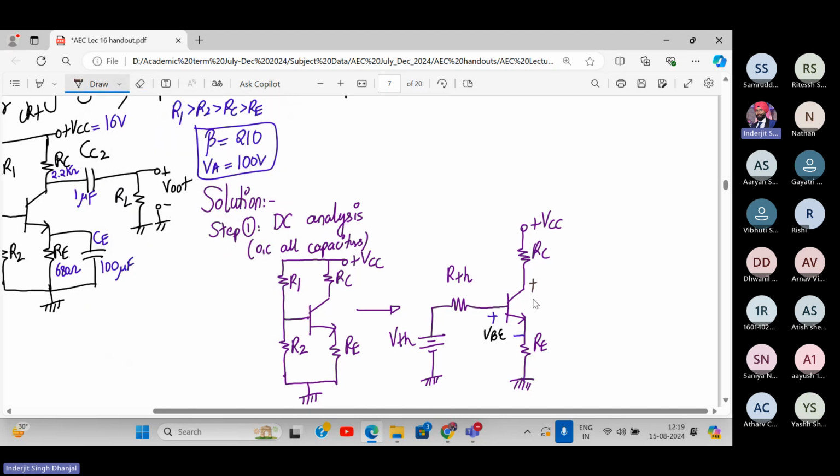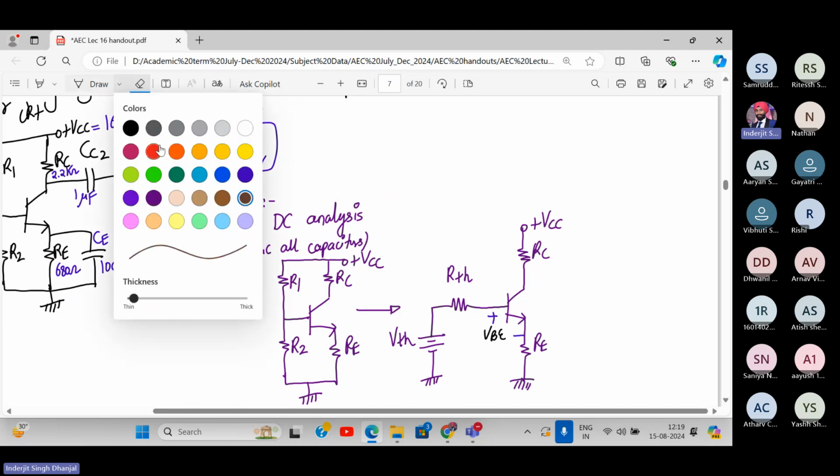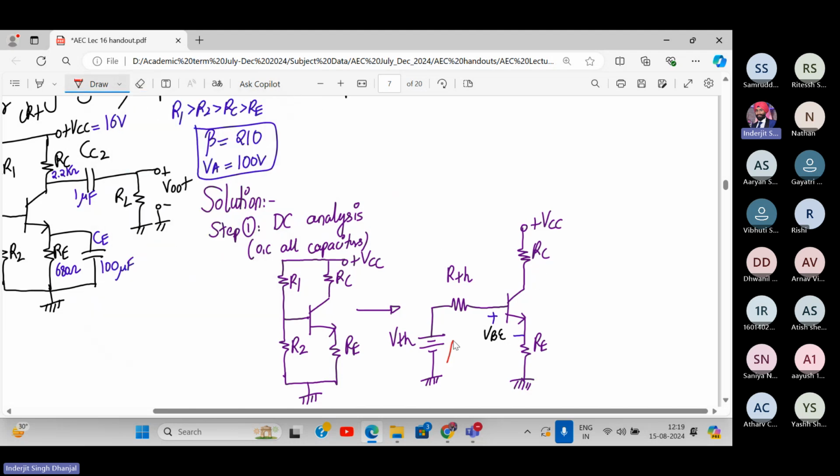So the current flowing over here is IB. Here it is IE, right? And how is IE related to IB? It is 1 plus beta times IB. I hope you remember. And this is IC.